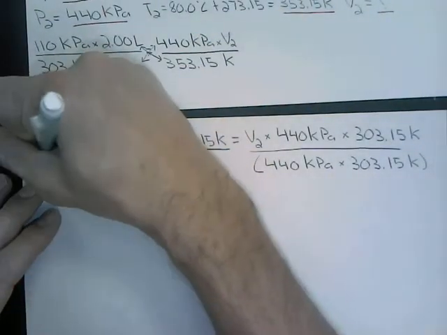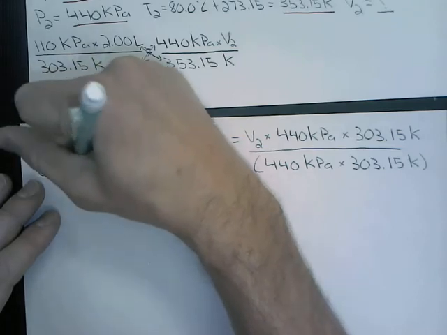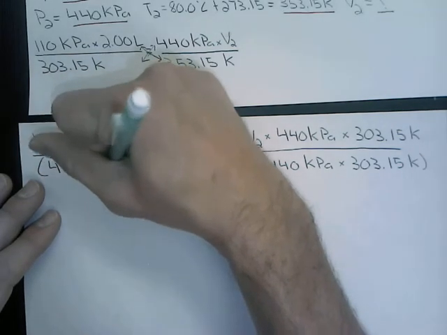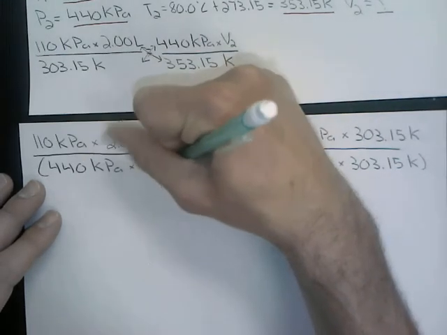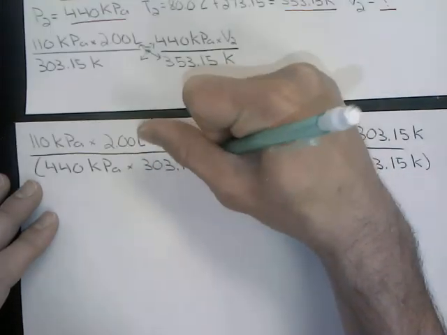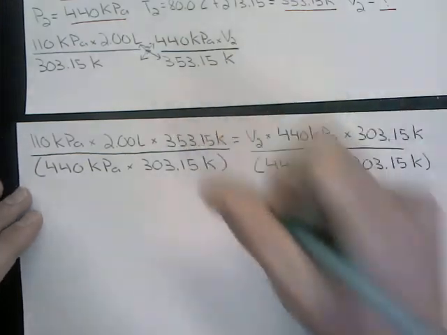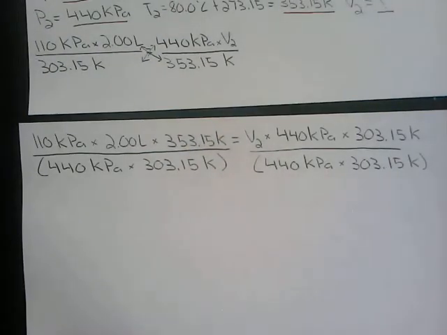So I'm going to draw a big straight line here, and I'm going to divide each side by 440 kPa times 303.15 Kelvin. And we're going to turn to our calculators.